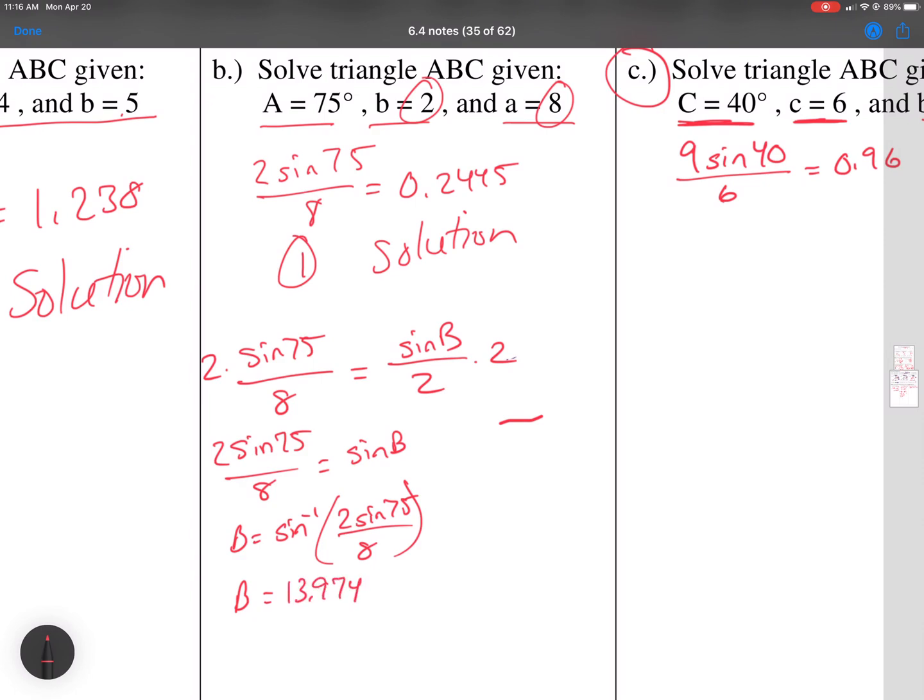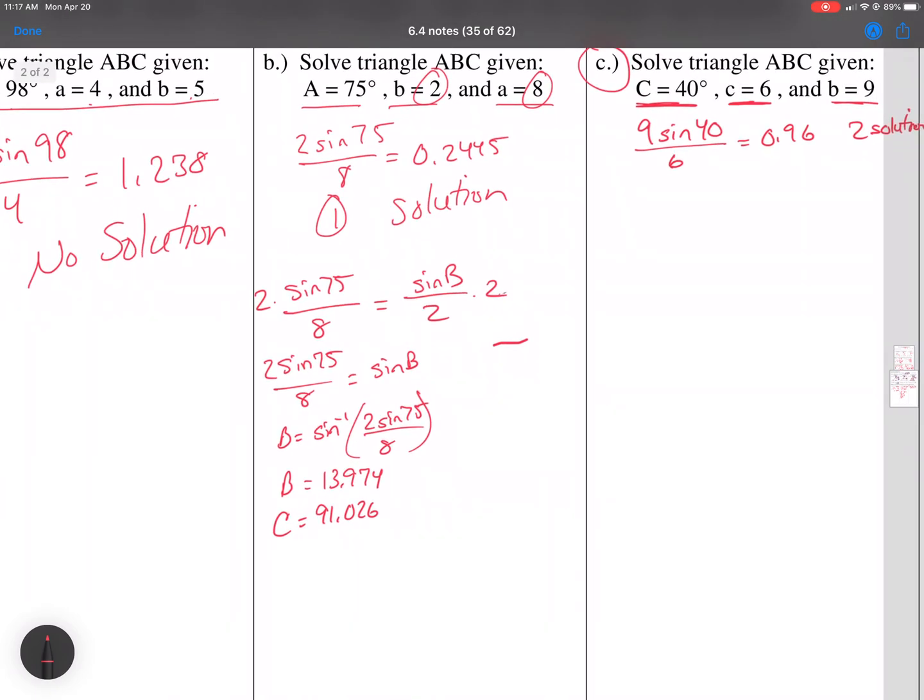So now we can find capital C by subtracting that from 180. So capital C is 91.026. So now that we know that, we can use that to find little c. So sine of 75 over 8 equals sine of 91.026 over little c.